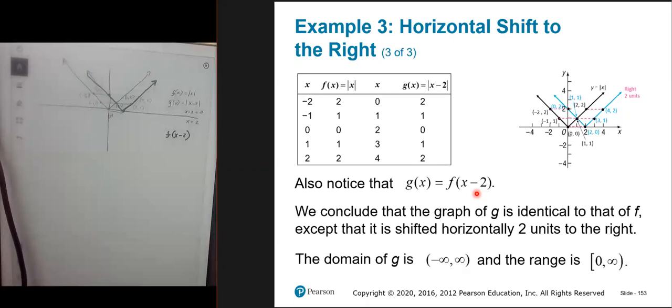The domain didn't change, even though we changed our x values, because the domain was all real numbers. And generally speaking, when the domain is all real numbers and you do some kind of transformation of it, it's not going to change the domain.